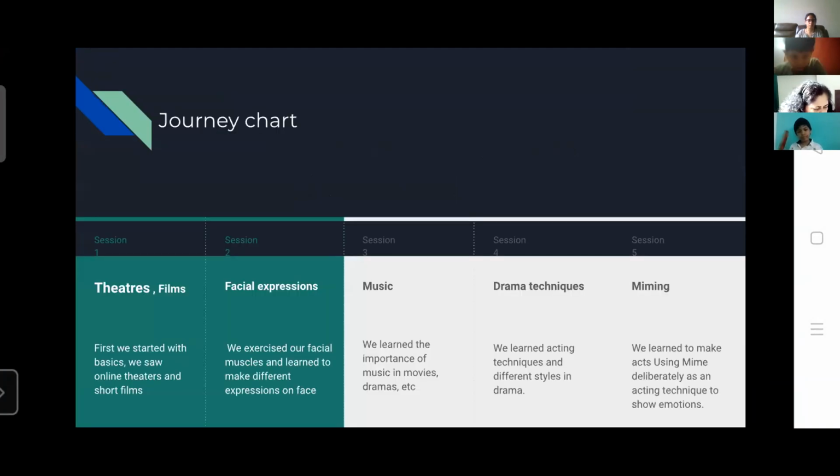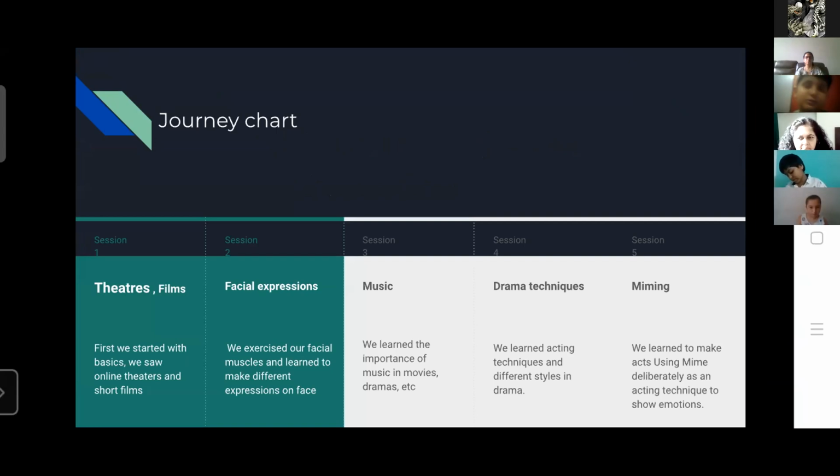Here is the journey chart. In this, we have added what we learned in this group. First of all, in the first session, we learned what theaters and films are, and how people act. Then we learned facial expressions, that there are so many, like happy, sad, and many more.